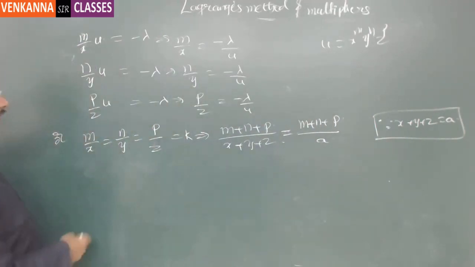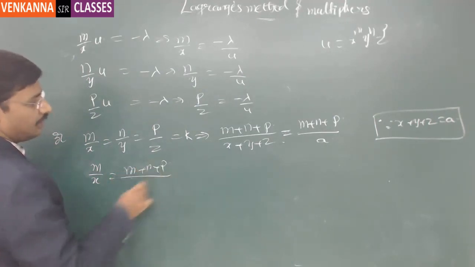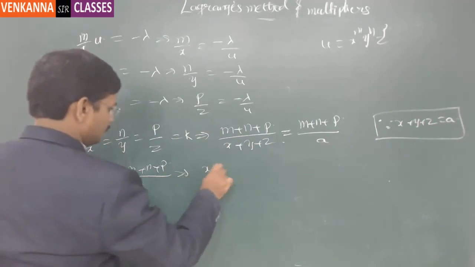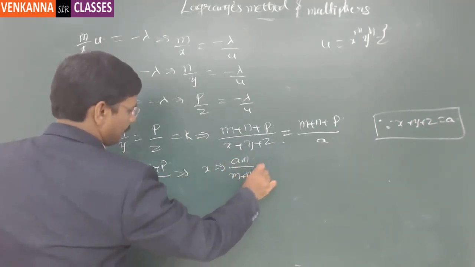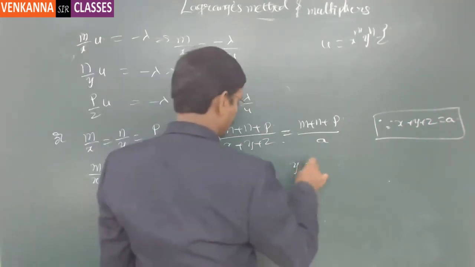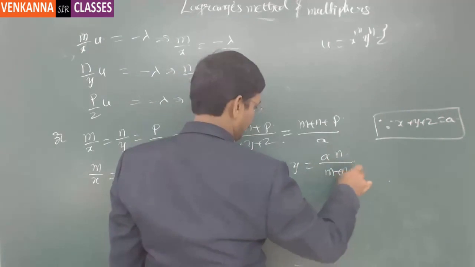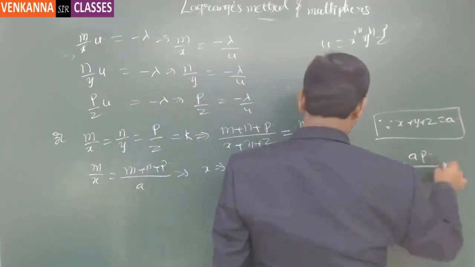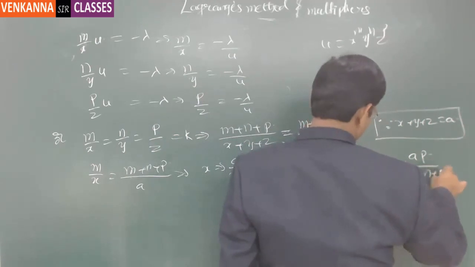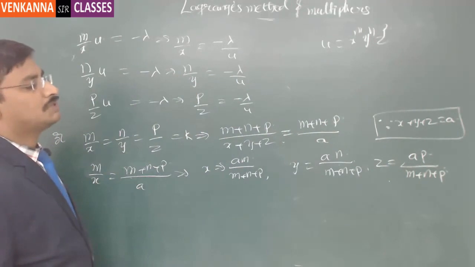If you know the k value, m/x = (m+n+p)/a. It implies x = am/(m+n+p). Similarly, y = an/(m+n+p). Similarly, z = ap/(m+n+p). This is how you get the values of x, y, z.